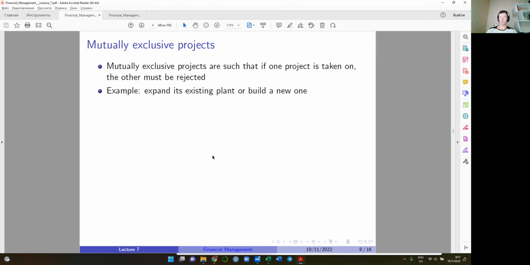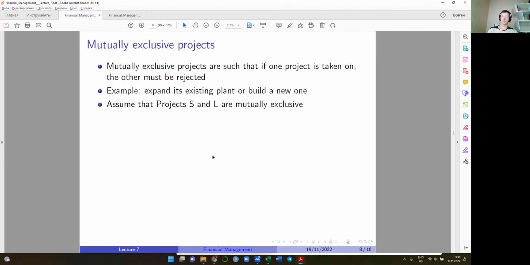You cannot build a new plant and renovate the old plant on the same construction spot. It's not possible logically, physically, naturally. So these two projects are mutually exclusive. In this case, you need to choose the one best project.